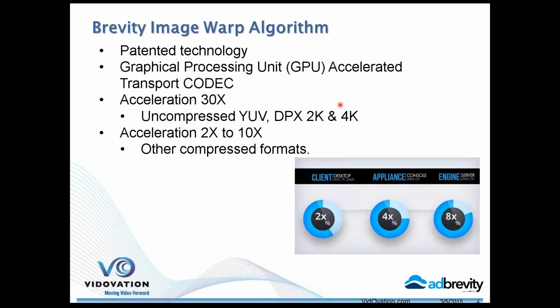If we're dealing with a native uncompressed file, we can get 30 times file transfer acceleration. If a file is already compressed, we lose the efficiencies of compressing the uncompressed file, so it's 2 to 10 times for compressed versus other compressed formats.